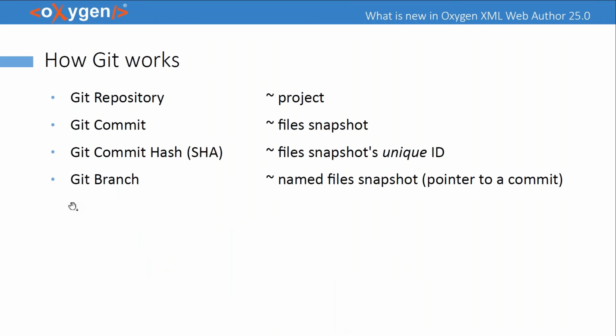Then let's talk about a few Git specific terms. A repository, consider it to be a project with files. A commit in Git represents a snapshot of the project files, just like you would copy the whole project into another directory to back it up.